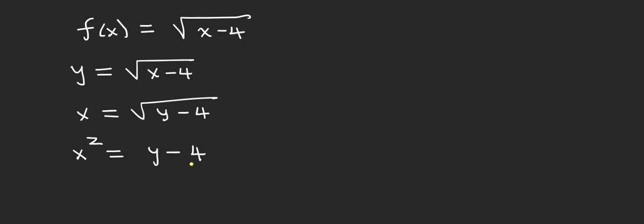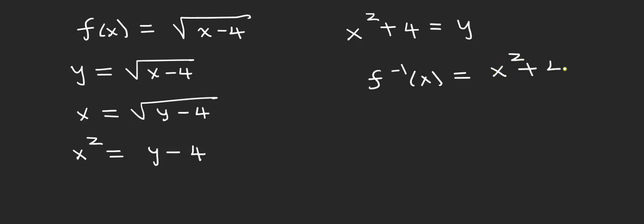Then you have to get rid of negative 4, so you end up getting x squared plus 4 equals y. So therefore the inverse of f of x will be x squared plus 4.